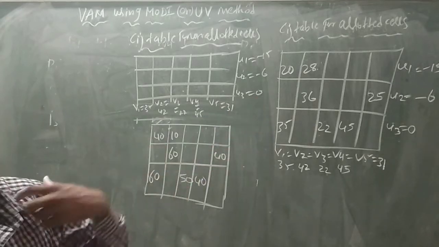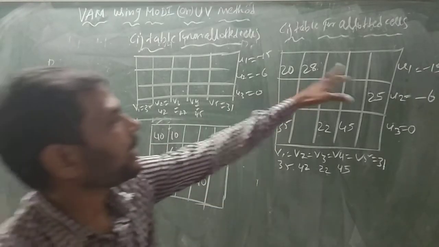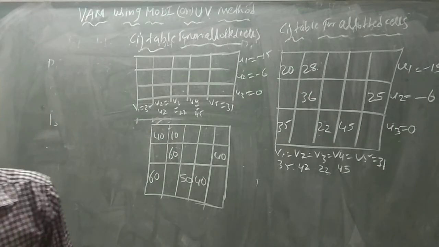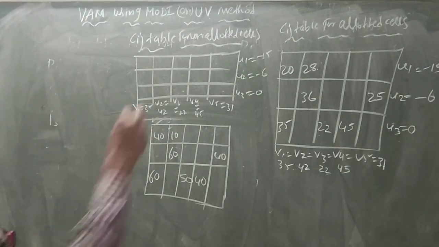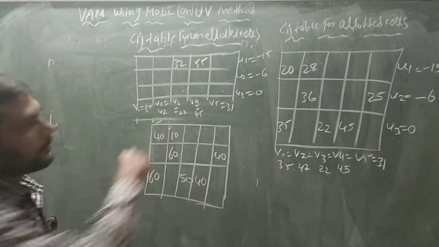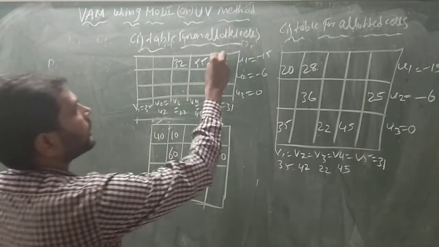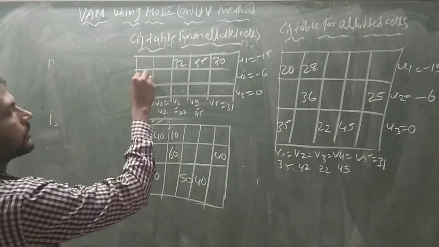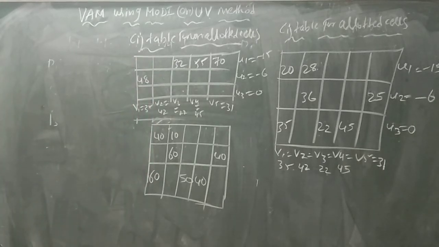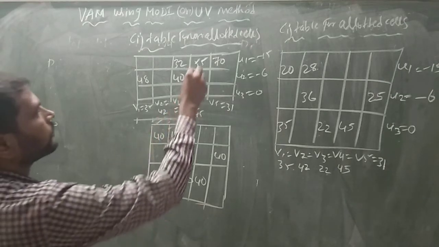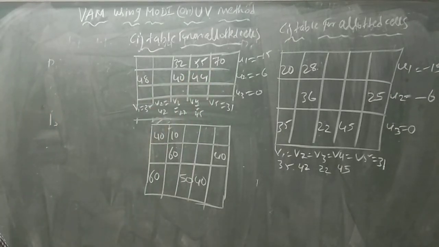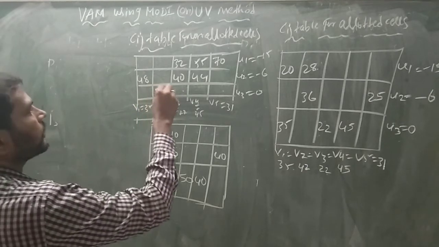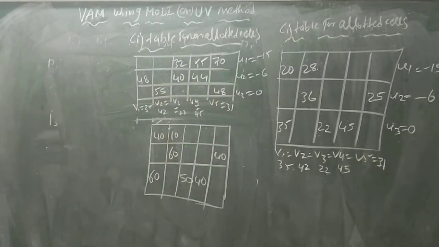In this allotted table, which one is empty? That is unallotted. So I enter the costs: 32, 55, 70, 48, 40, 44, 55, 48. Now find the delta ij for the unallotted values.